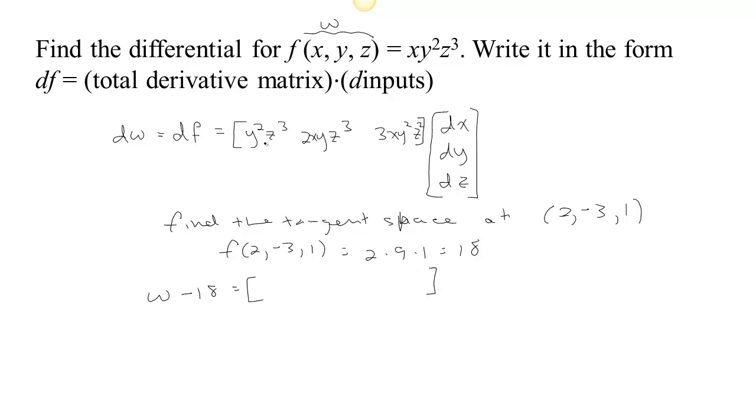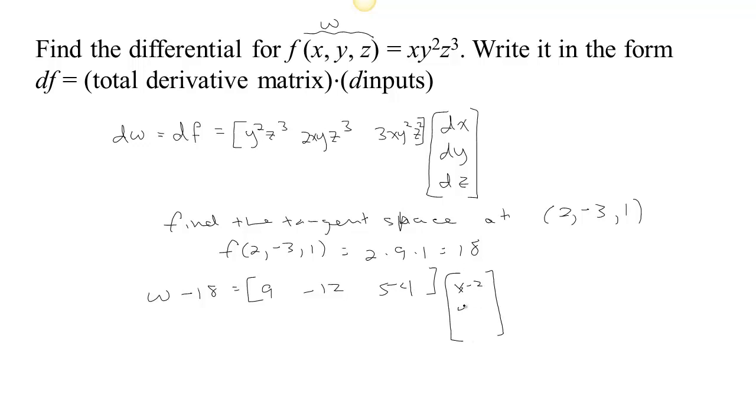At y equal negative 3 and z equal 1, negative 3 squared is 9 times 1 is 9. And 2 times negative 3 is negative 6, times 1 cubed is 1, so 2 times negative 6, that's negative 12. And at 2, negative 3, 1, 3 times 2 is 6, times 9 is 54, times 1, so 54, times the changes in x.